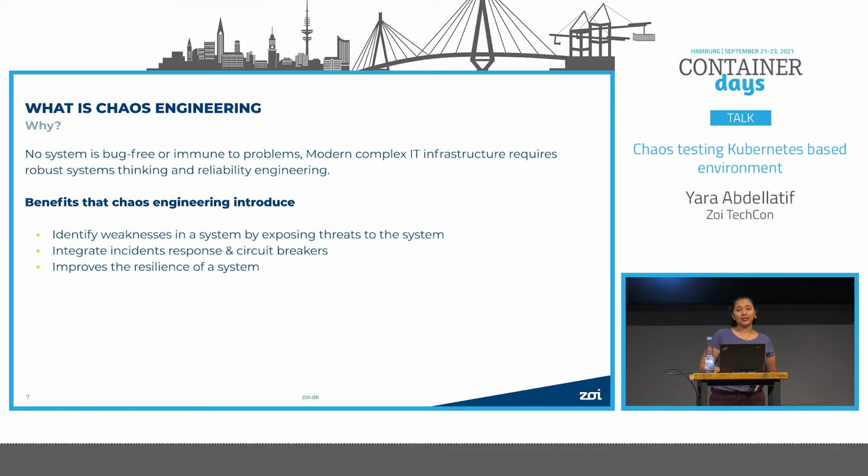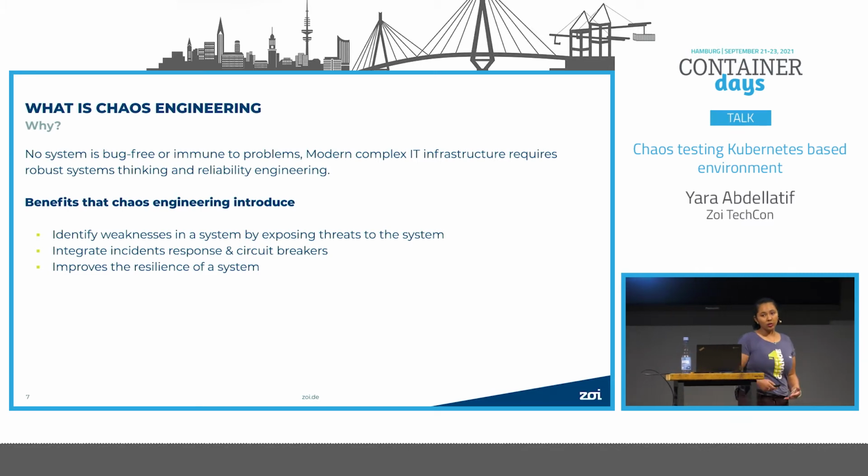So there is no system that is bug-free. You will always have bugs or vulnerabilities in your system, but you want to build better reliability into your system. You want to decrease those weaknesses as much as possible. And those are some of the benefits that you get from running chaos experiments.